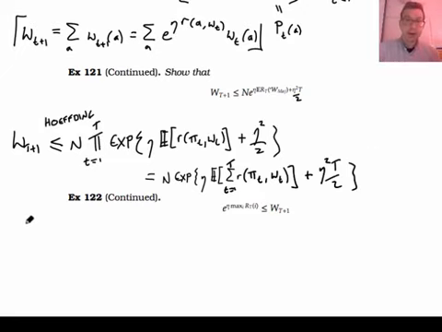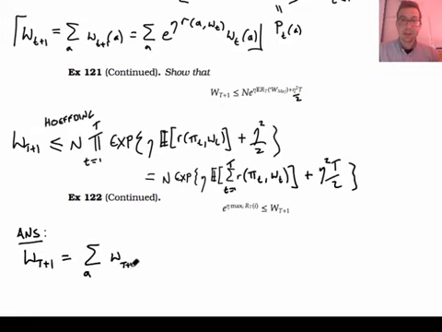So how might we show that? Well, one thing we can say is that we've got the sum of all the small weights at time t plus 1.